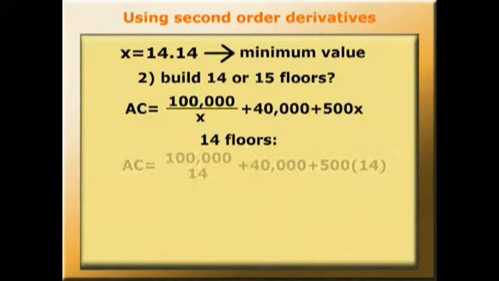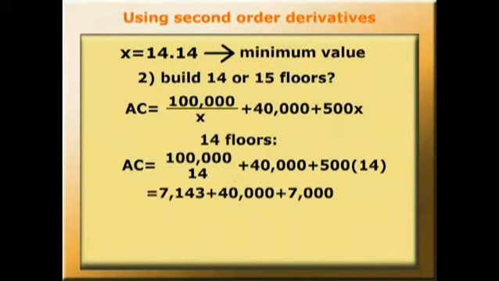Average costs will be 100,000 over 14 plus 40,000 plus 500 times 14, which equals 7,143 plus 40,000 plus 7,000, which comes to 54,143 euros, the average cost of building 14 floors.